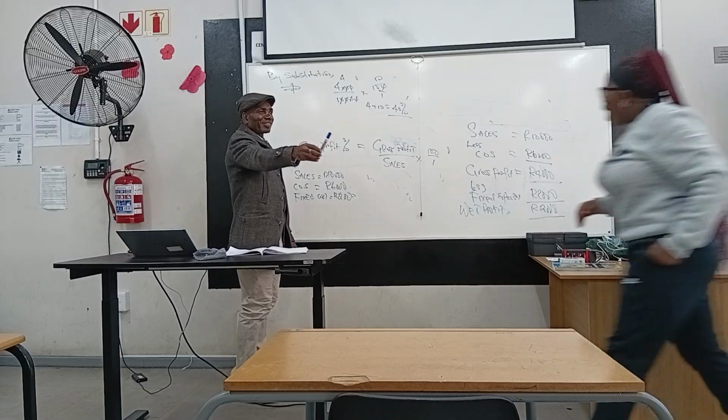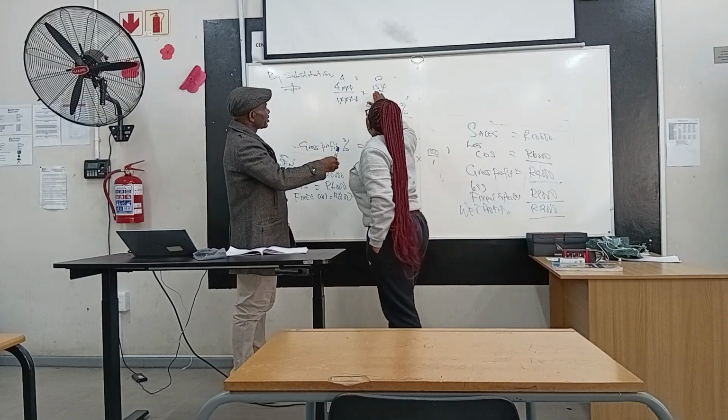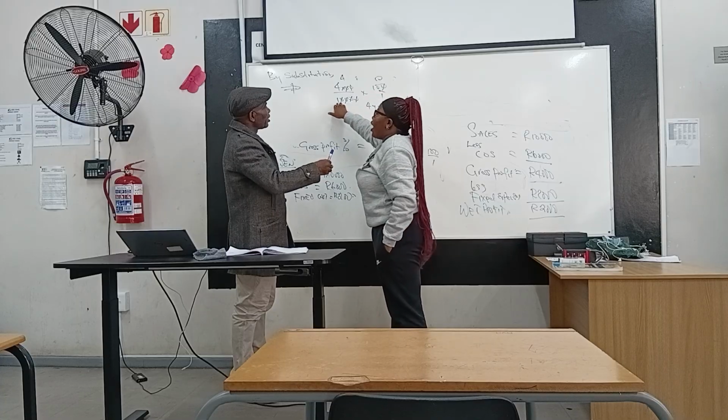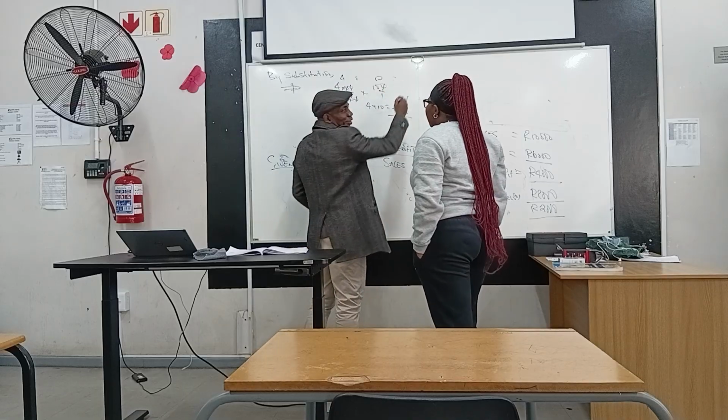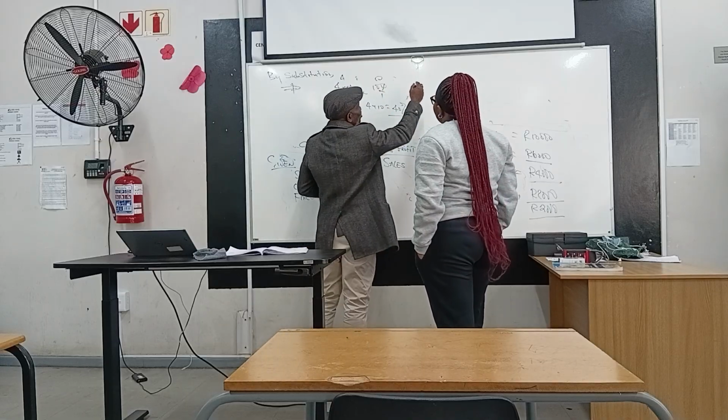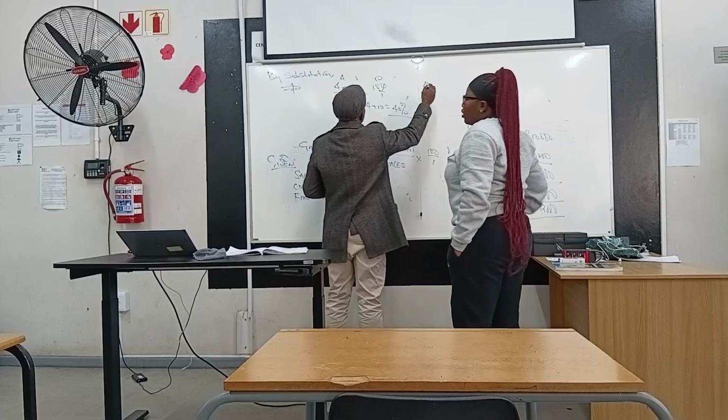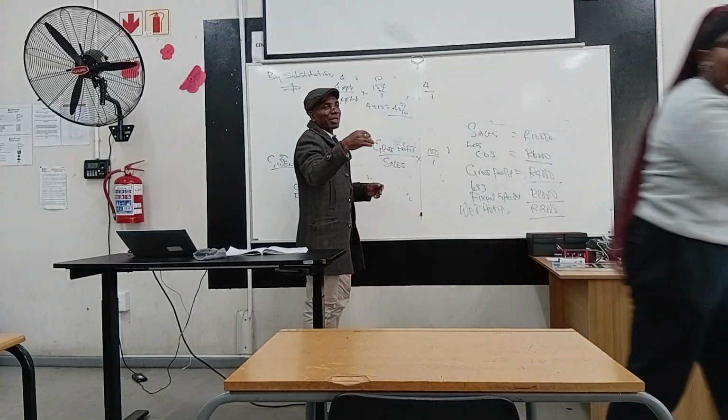But you want to know why we take this 4 and multiply by this 10, but you also have this one here. Don't worry. It's going to be 4 over 1. Listen, come here.